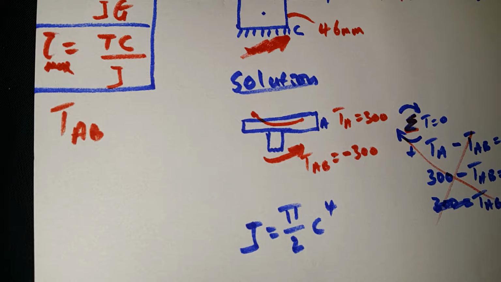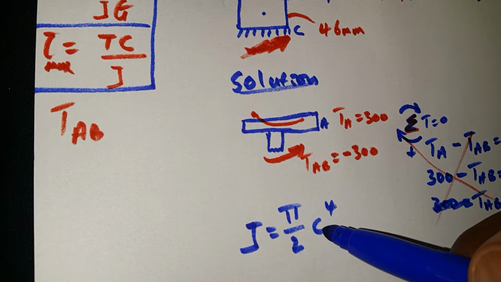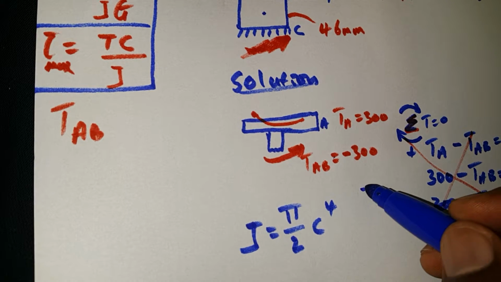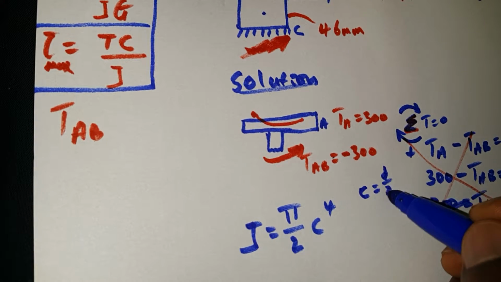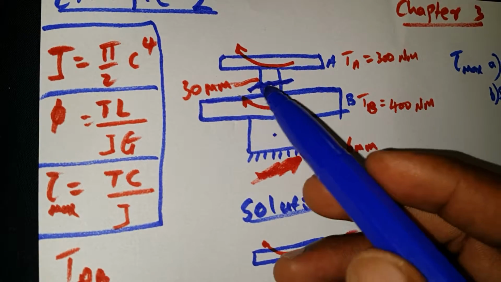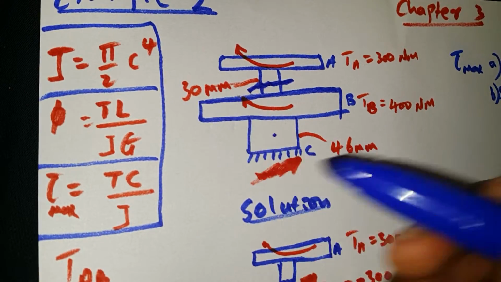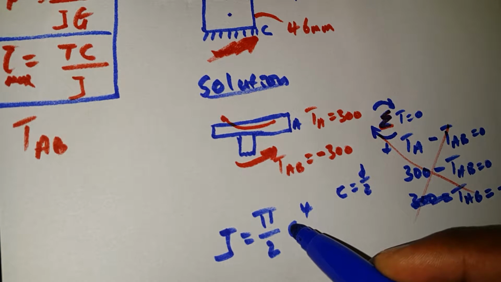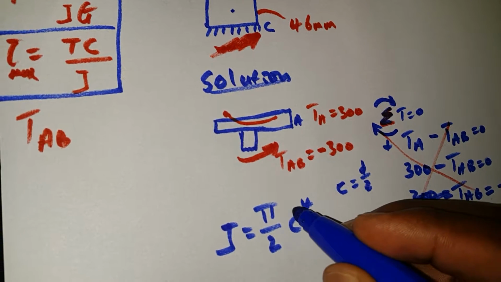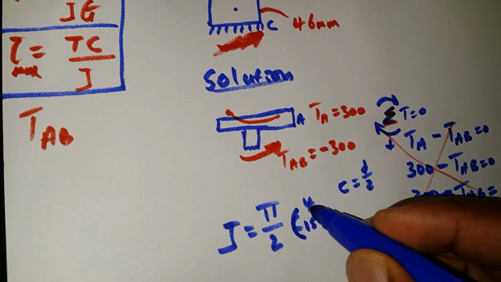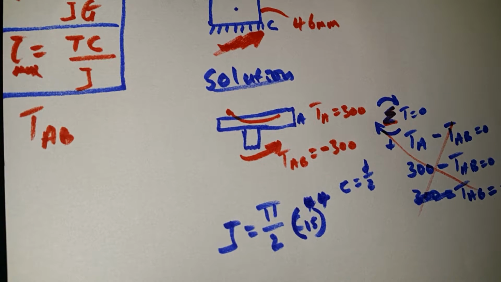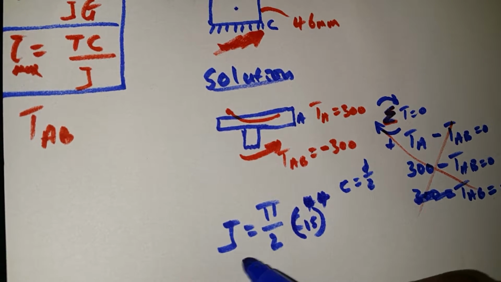I told you that C is equal to D over 2. So we have our diameter here, which is 30, divided by 2. So our C here should be 15. So let's say 15 to the fourth. Okay, so this is our J.